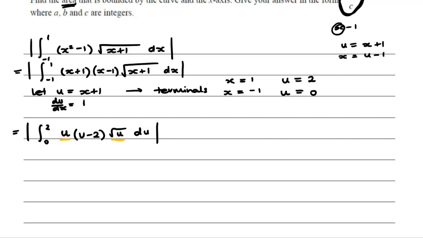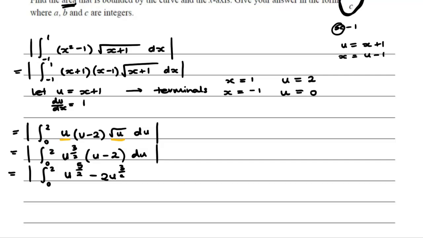So from 0 to 2, we've got u and u to a half, so that's going to be u to the 3 over 2, and then u minus 2, du.